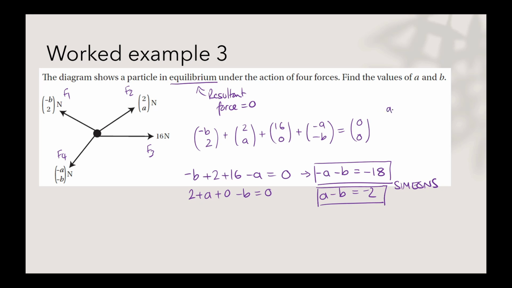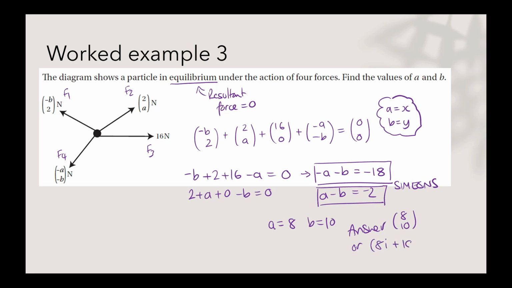In this particular question, I'm using A equals x and B equals y. A little reminder, because you don't want to be writing different letters when you come to this question. What we end up with is an A value of 8 and a B value of 10. So our final answer is 8, 10, or I can write it as 8i plus 10j.